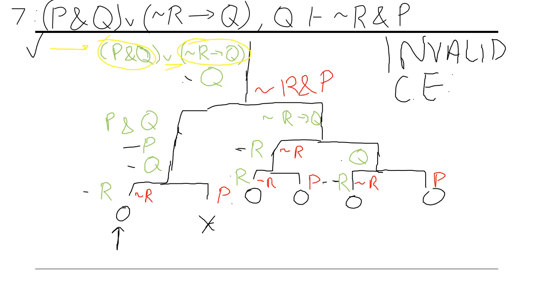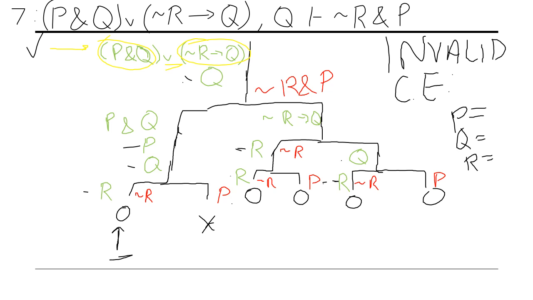So I need to, again, provide truth values for each of the letters that appear in the actual tree. I'm going to focus again, like I said, on this one right here.